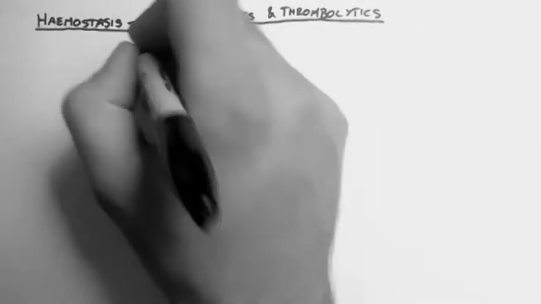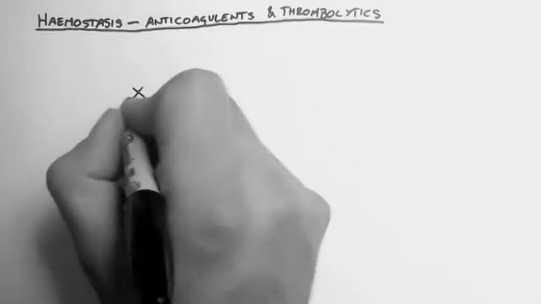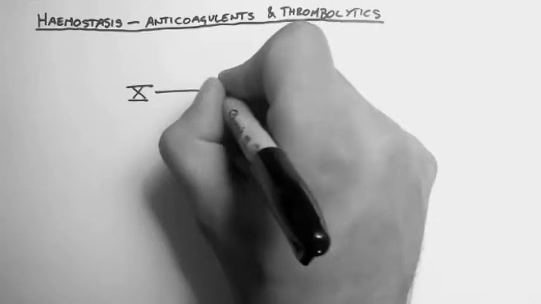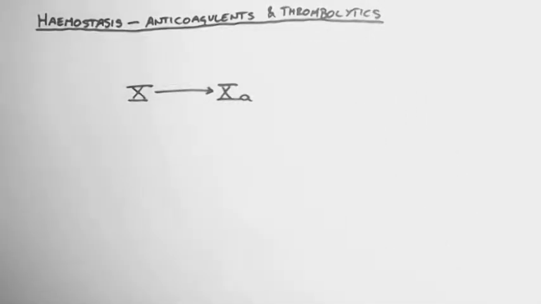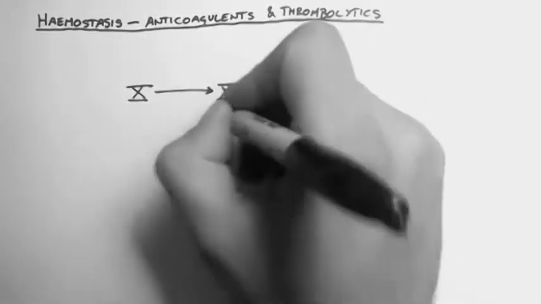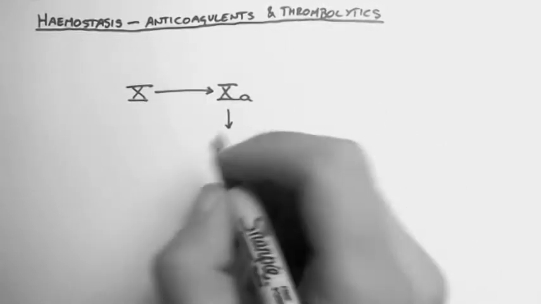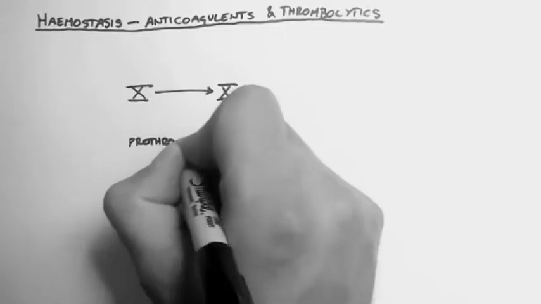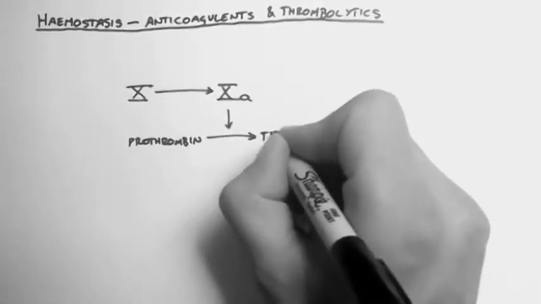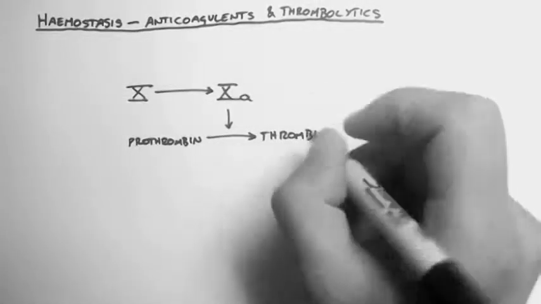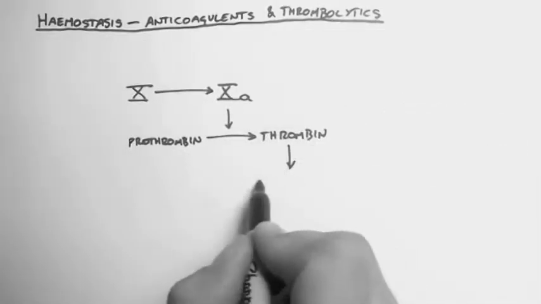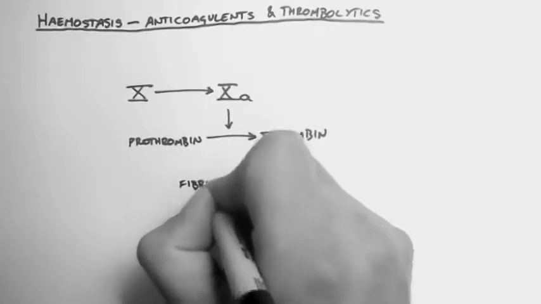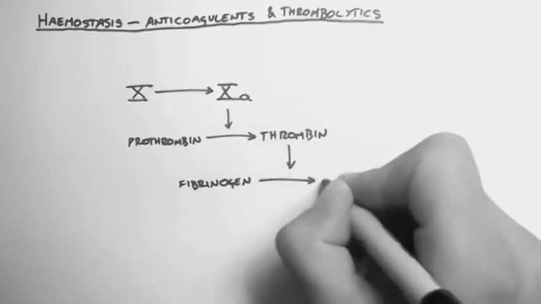So in the last tutorial, we talked about the coagulation cascade and how factor 10 is converted into factor 10A. Factor 10A catalyzes the conversion of prothrombin into thrombin, which in turn catalyzes the conversion of fibrinogen into fibrin.